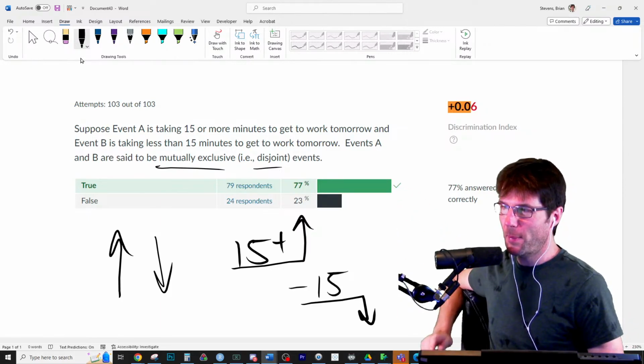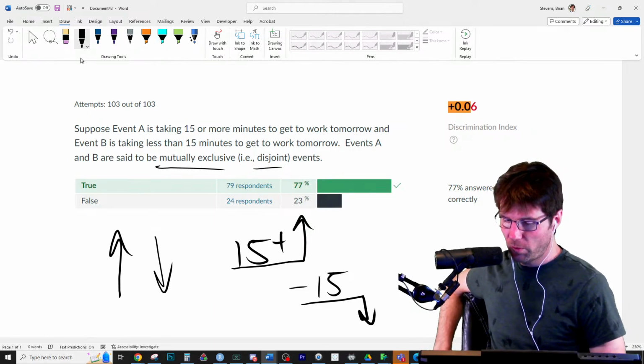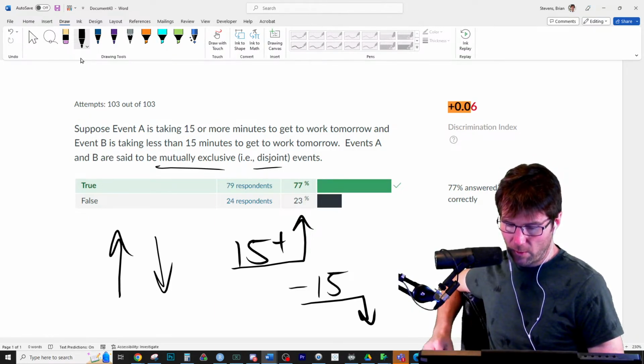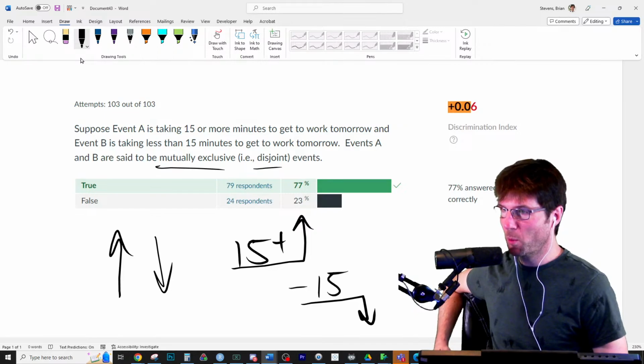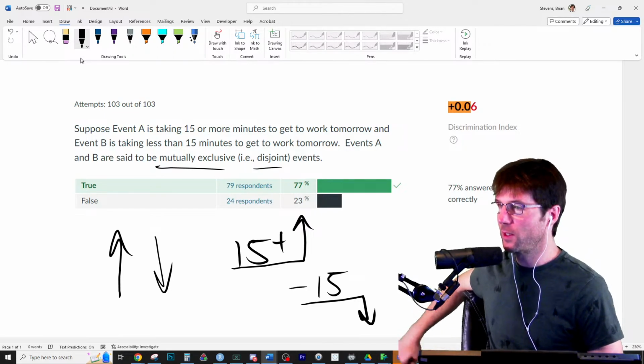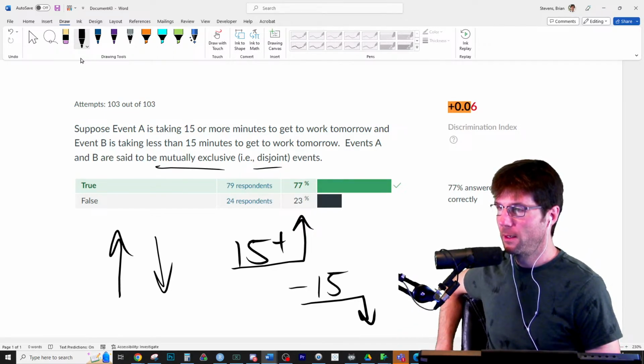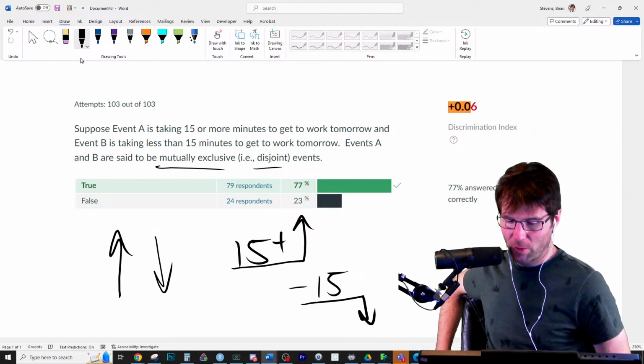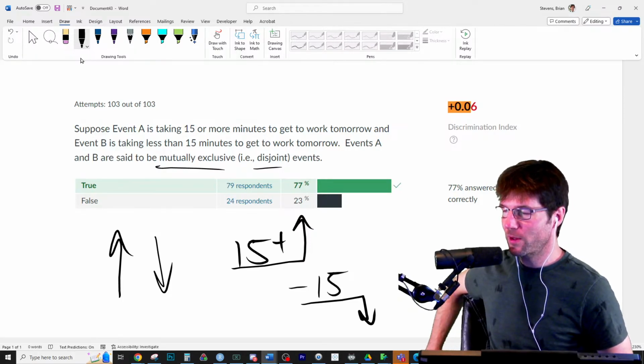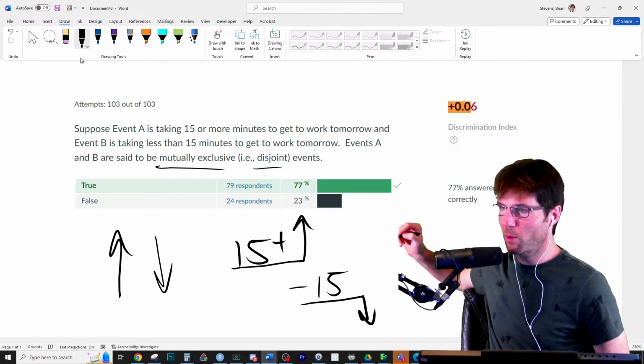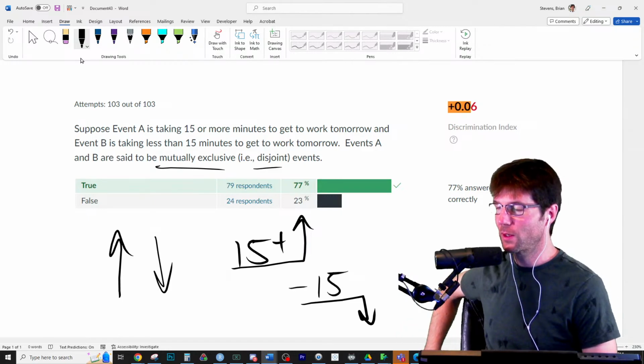So, 77 is not bad on it, but when you write it down, what do you notice about it? It's either going to take you 15 or more minutes to get to work tomorrow or less than 15 minutes to get to work tomorrow. What do you notice about these two things?